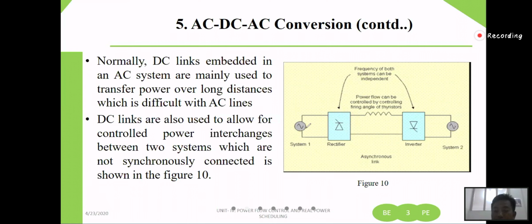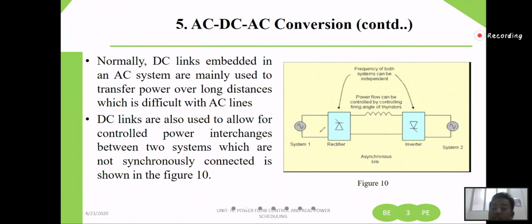In system 1, see here, AC is generated, and in system 2 we need AC. But let's assume that it is a long distance. When you transmit the power over a longer distance, it is much better and cheaper to transfer using a DC line.